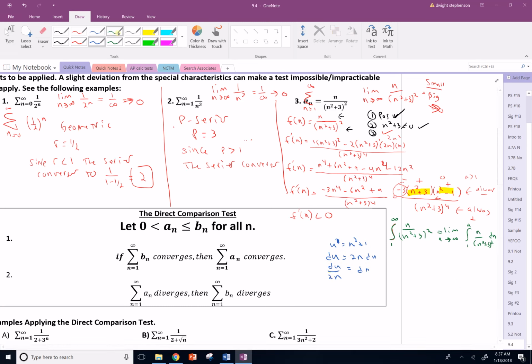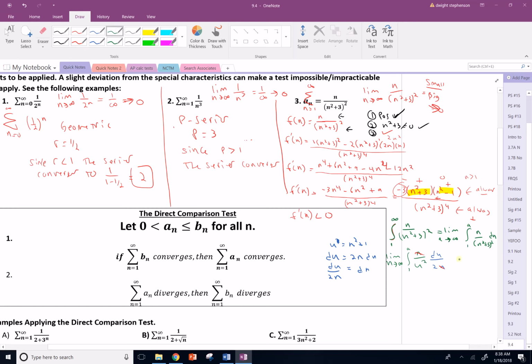And you come over here and you plug that in, so we have the limit as n goes to infinity of the integral from 1 to a of n over u squared, and then that dn becomes du over 2n. These guys cancel, right? And then you can integrate.